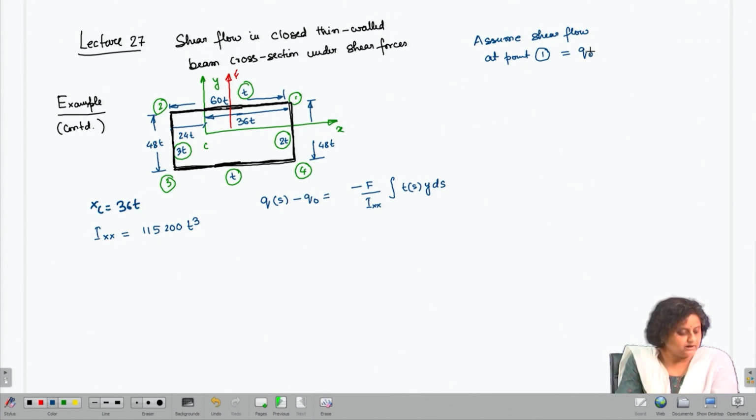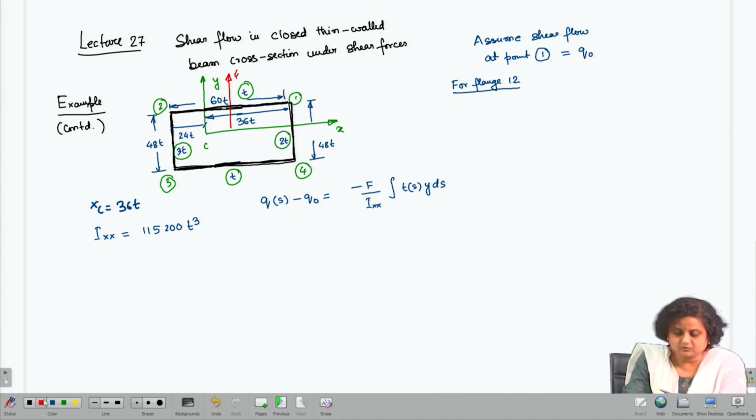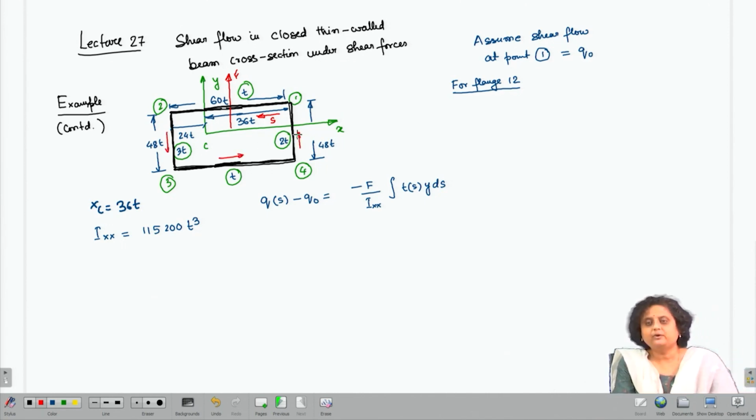Now, let us start with flange 1 2. For flange 1 2, this is going to be our S, and we are moving in this direction, from 1 towards 2.